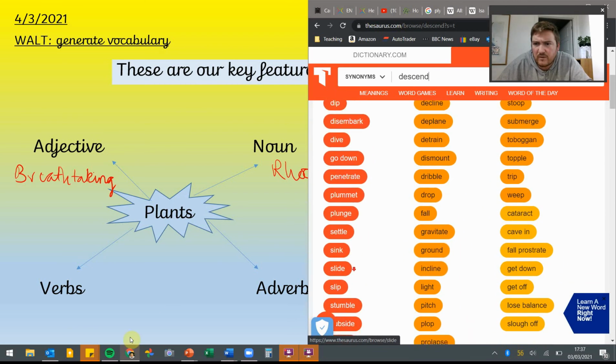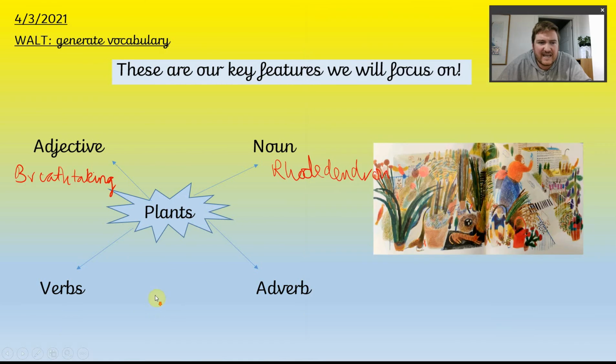Oh, there we go. That's a word I like. Cascade. So my rhododendron is cascading, which is a bit like what a waterfall does. A waterfall has a cascading flow of water. Lovely. Cascade. Now, my breathtaking rhododendron was cascading down the rooftop.